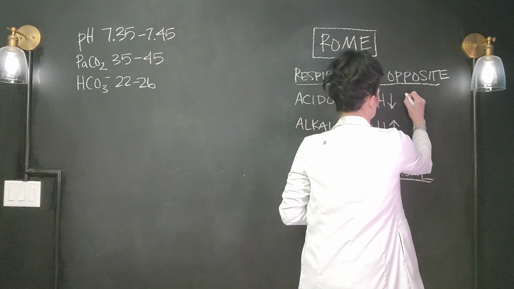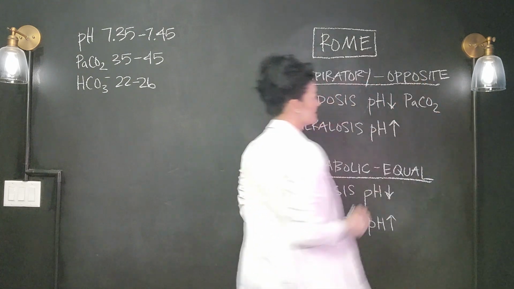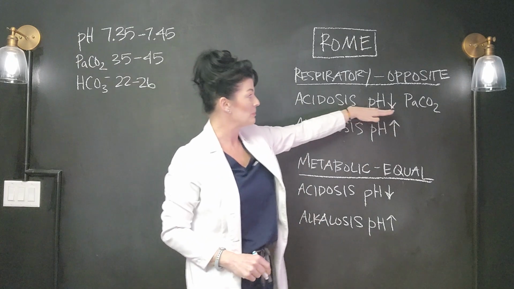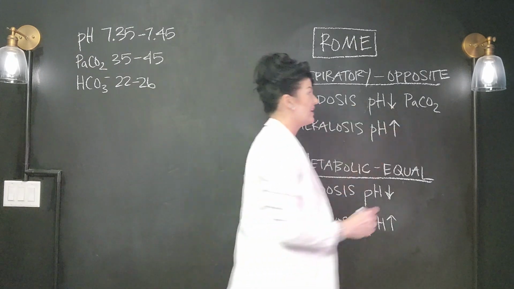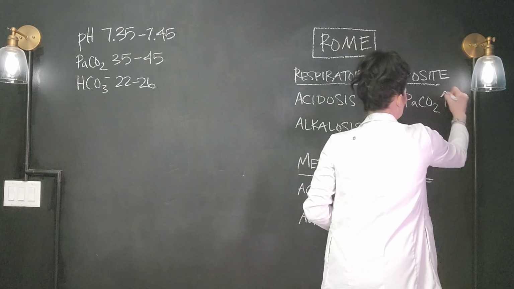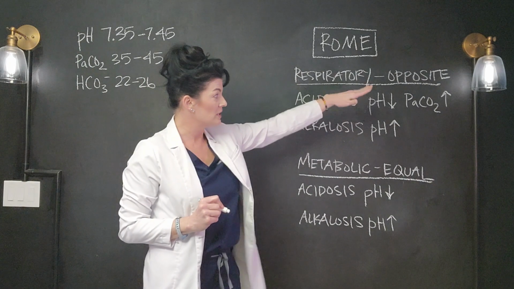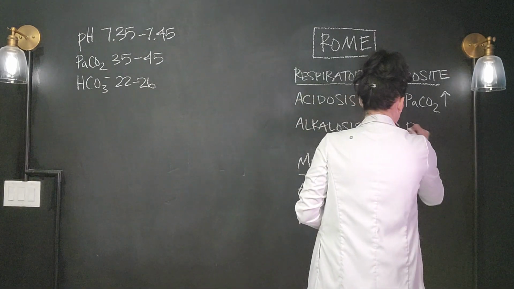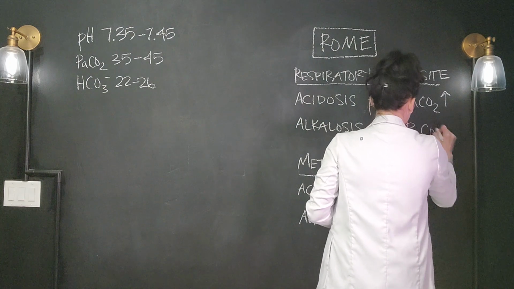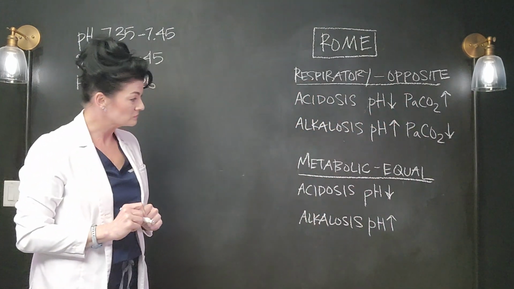If I am looking at the partial pressure of CO2, you can see it says opposite. What that means is if my pH is low, my partial pressure of CO2 is just the opposite. It would be increased. For my alkalosis, again, we're looking at opposite. So if my pH is high, my partial pressure of CO2 should be, hopefully you've all said it to yourself, low.